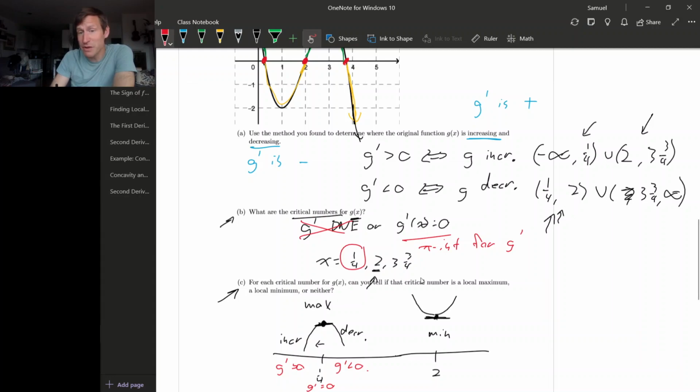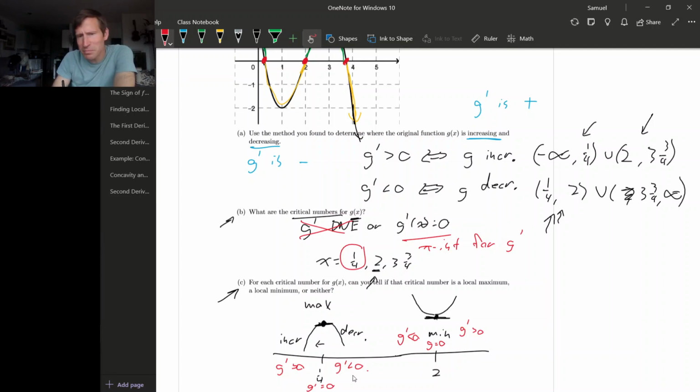And in terms of the derivative, the reason that this happened is because the derivative went from negative, less than 0, to equal to 0 at the critical number, and then to the right, it was greater than 0.